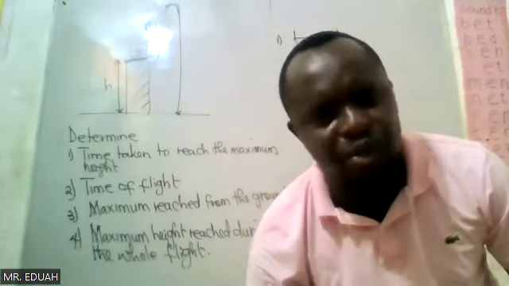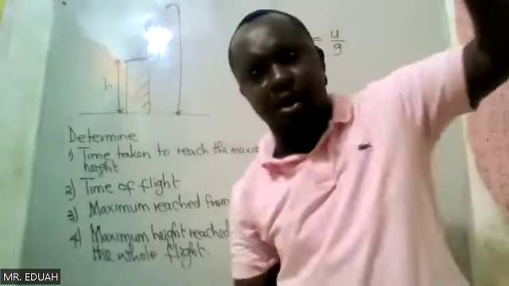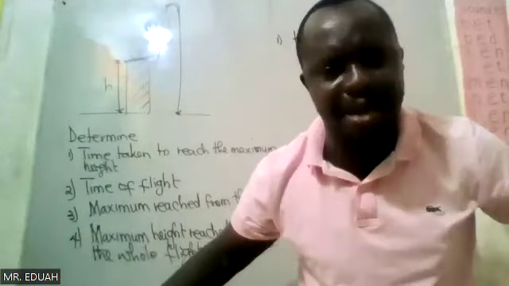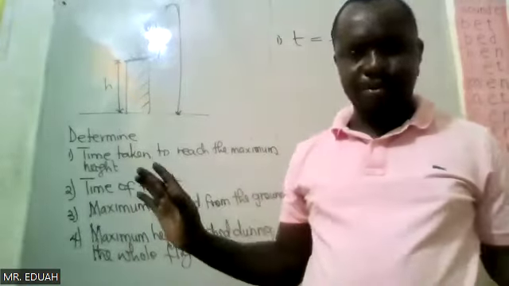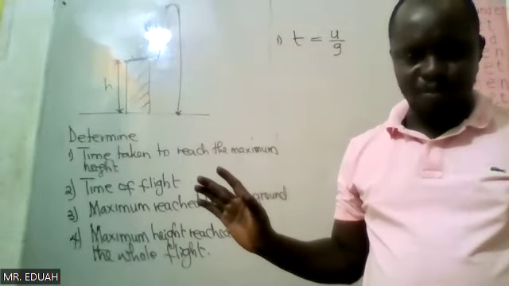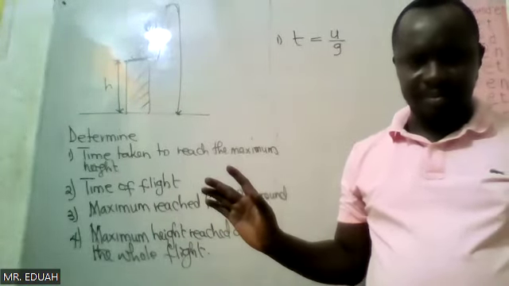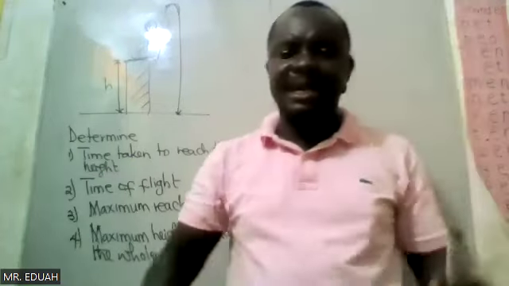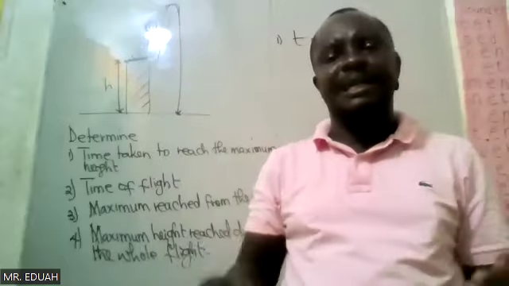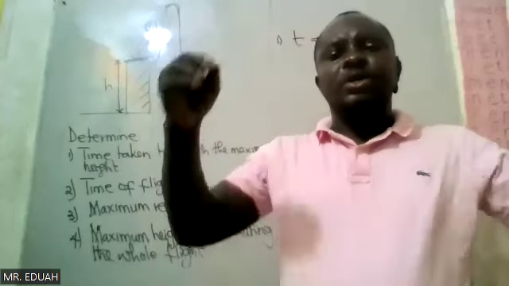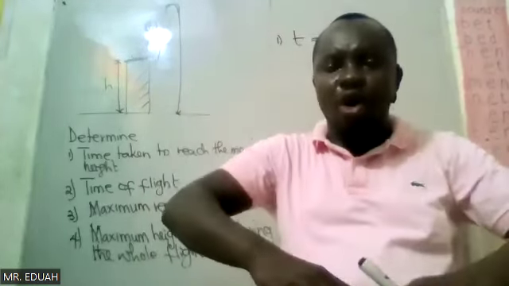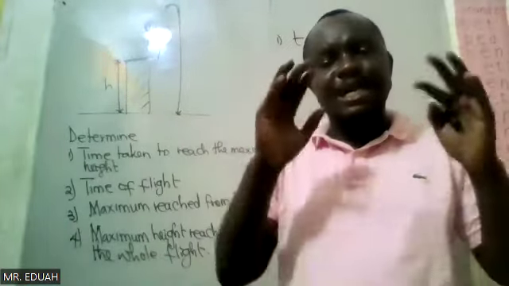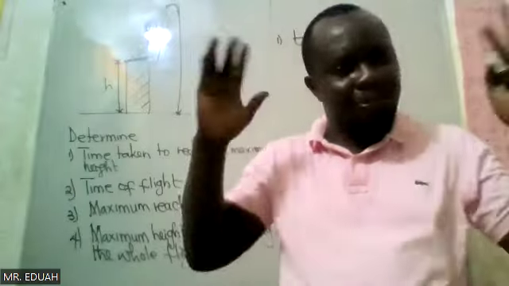So the time taken during the whole journey from when it was thrown to landing on the ground is the time of flight. Please, are we okay? Yes. So by time of flight, we mean the total time taken during the whole journey of flight of the body.